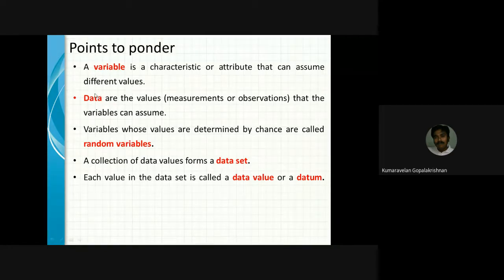The collection of data values is called a data set. So ultimately we will have variables and corresponding data, and all together, the entire instances with the features, I will call a data set.